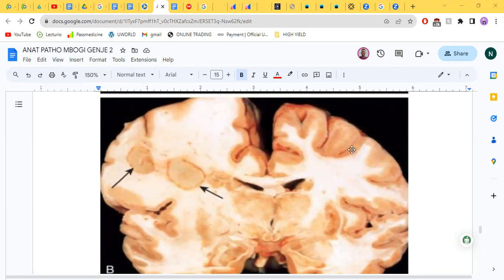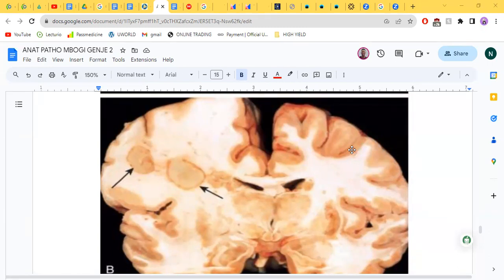Now, let's describe these lesions that are being pointed at. How can you describe them grossly? Well circumscribed, that's correct. How about their number? Are they single or are they multiple?